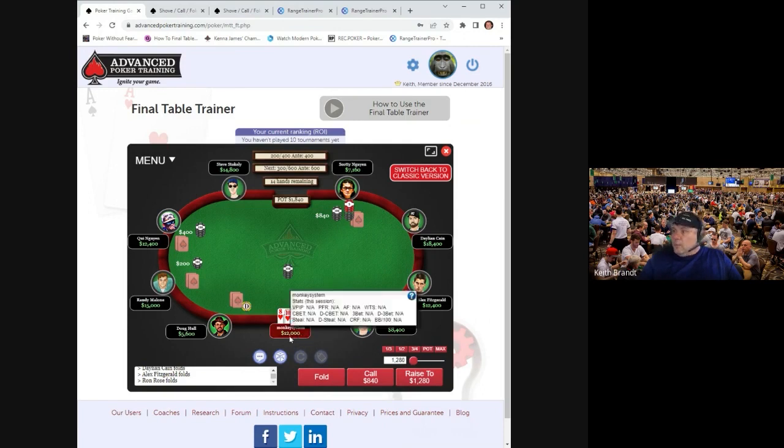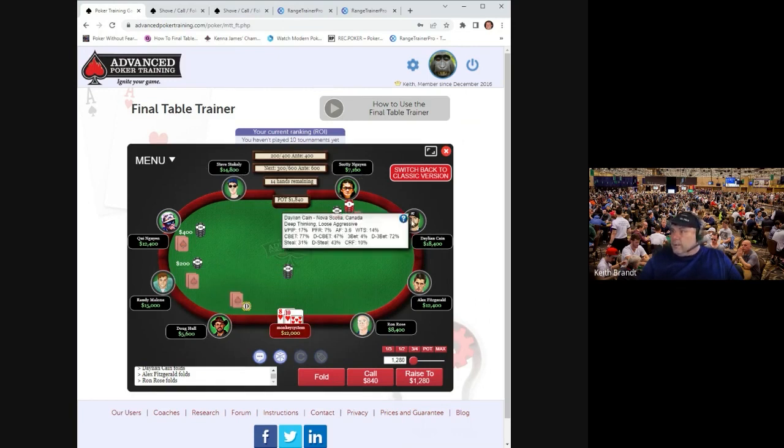We've got 12,000 chips. This guy to our left is short. These two are a little bigger than us. This one's a little bigger. This one's short. Most of them are a little bigger. We don't have any huge stacks here. We're about average, but the guy to our immediate left is really short, and then we got another one up here that's quite short.